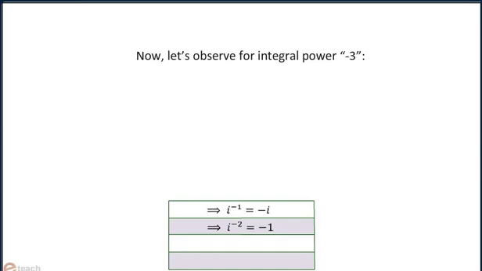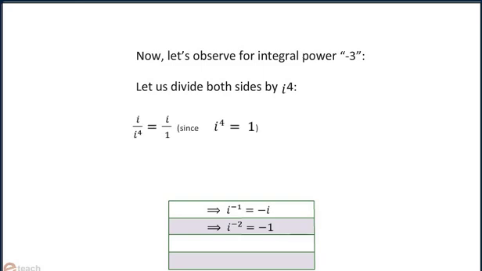Now, let us observe for integral power minus 3. Dividing both sides by iota raised to the power 4, we get iota by iota raised to the power 4 equals iota by 1, since we know that iota raised to the power 4 equals 1. This gives us iota raised to the power minus 3 equals iota.